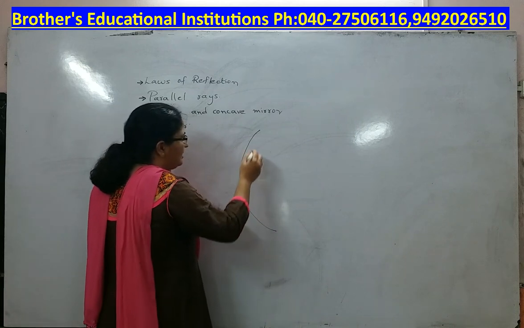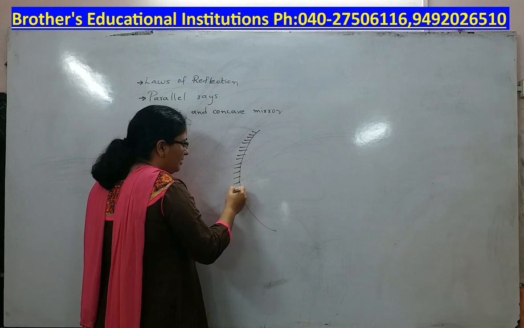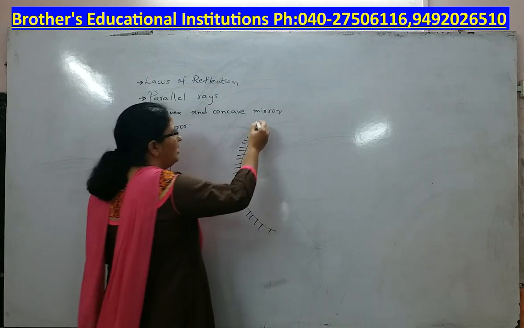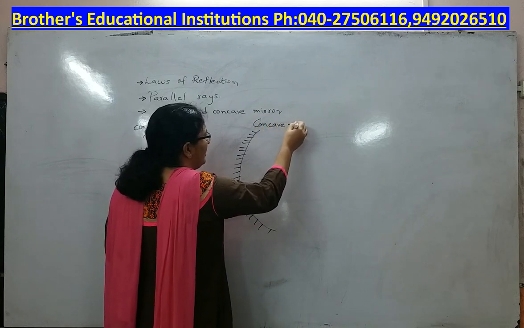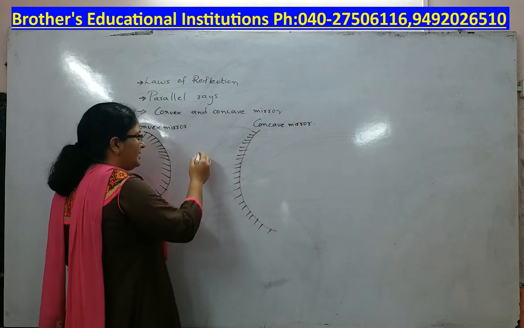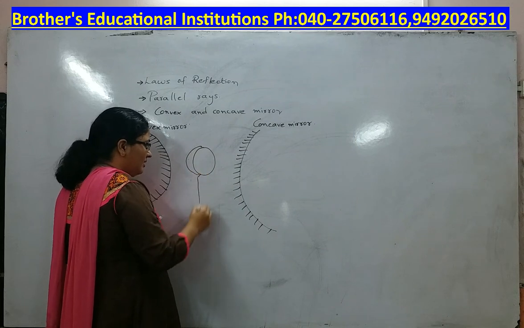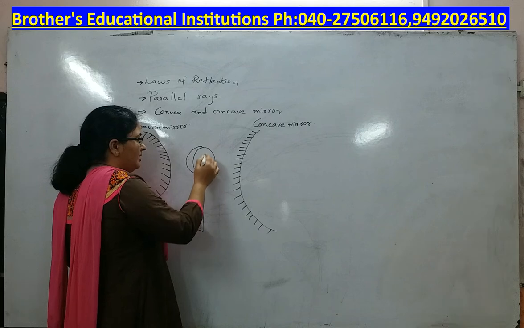If the coating is over here and this is the reflecting surface, then it is called a concave mirror. You can take a tablespoon.